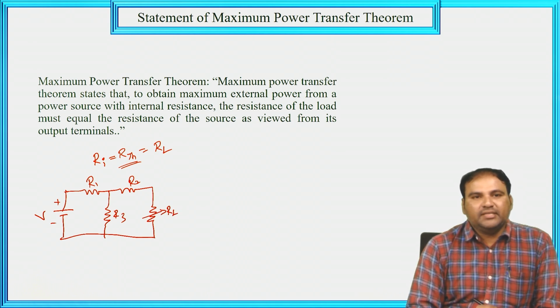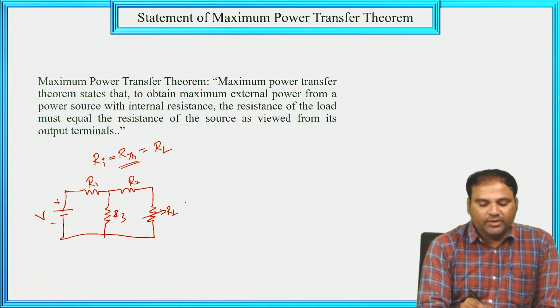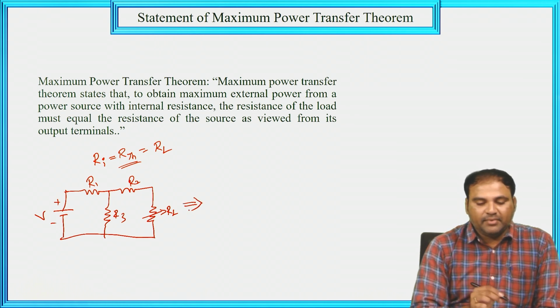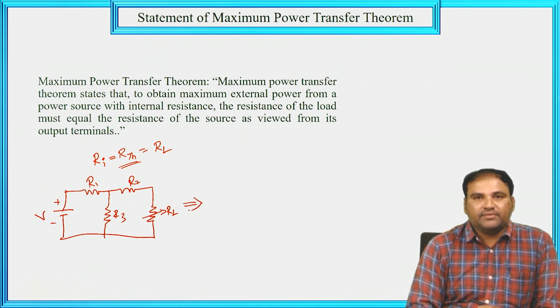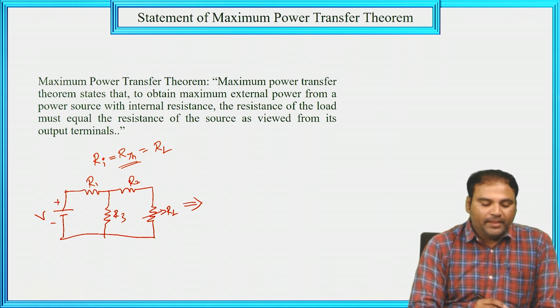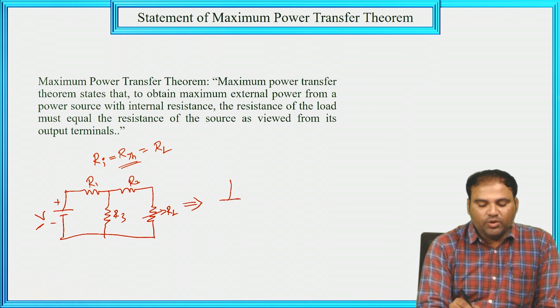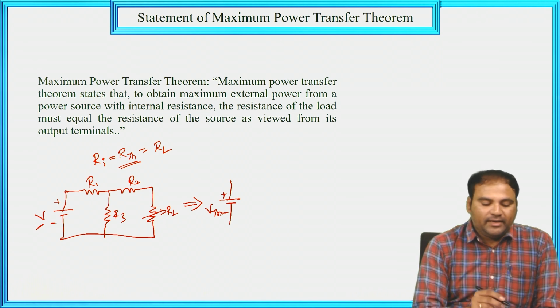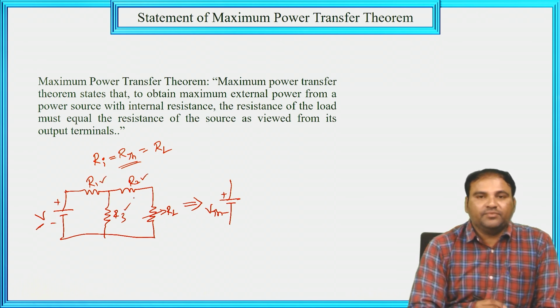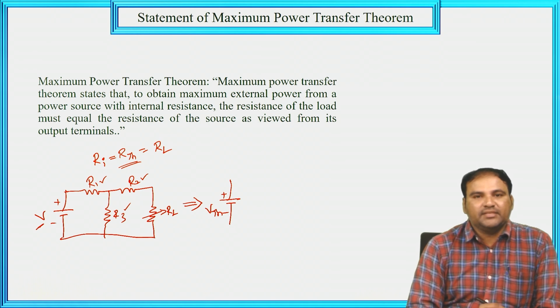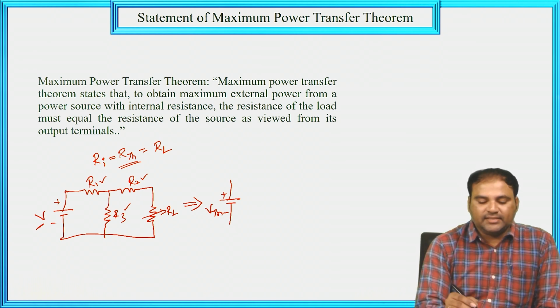Now this main circuit we have to convert into the equivalent maximum power transfer theorem circuit. The voltage is replaced by Thevenin's voltage, the same as in Thevenin's theorem, and the internal resistances R1, R2 and R3 are replaced by Thevenin's resistance, RTH.